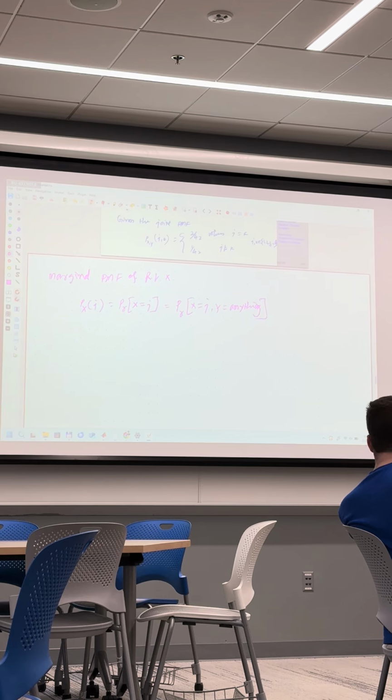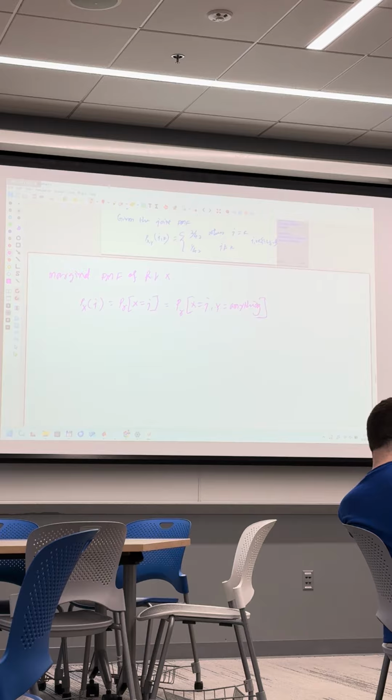So anything means that y can take any value from 1 to 6. So that's why summation stems from right here. You sum over k equals 1 to 6, joint PMF of random variable x comma y taking value j fixed, k is value.